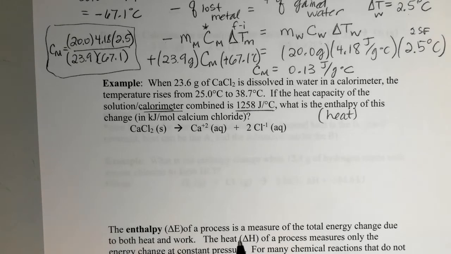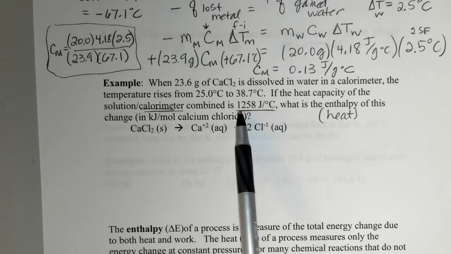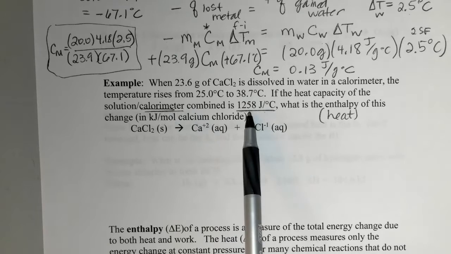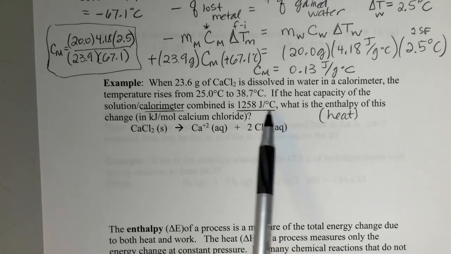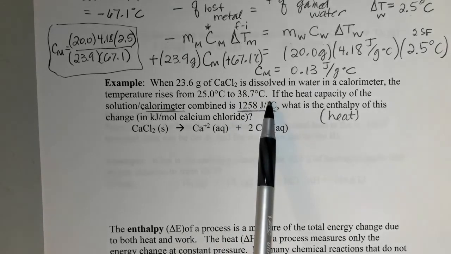So what we want to look at here is that we have a calorimeter heat capacity, so that's a system, not a substance, right? The way you know is that the unit is only joule per degree Celsius. There's no mass attached to this. It's a closed system, so it's specific to that calorimeter.